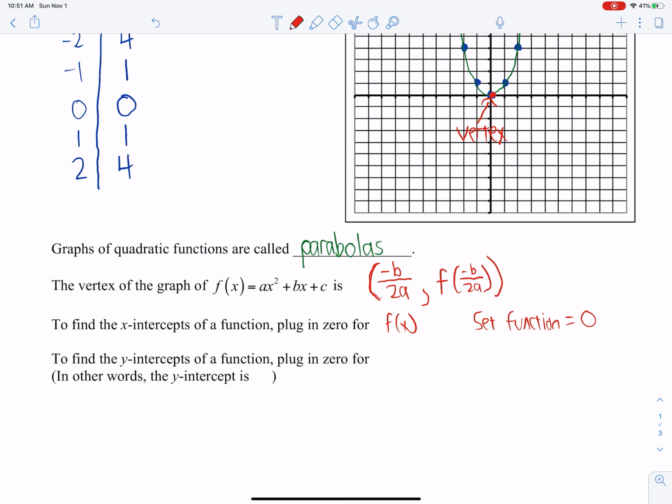And then last, to find the y-intercept, you plug in 0 for x. You'll notice if you do that, you're going to get 0 here, 0 here. You're going to have 0 plus 0 plus c. In other words, the y-intercept is c, the constant term of the function. So keeping these 3 things in mind, let's take a look at some example problems.